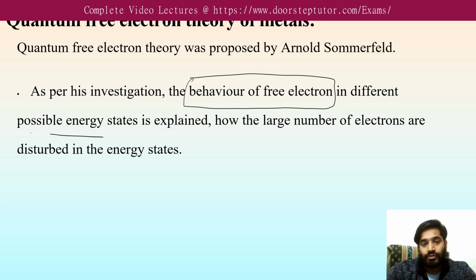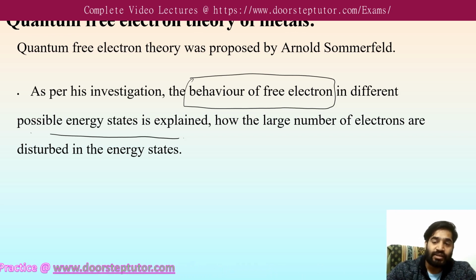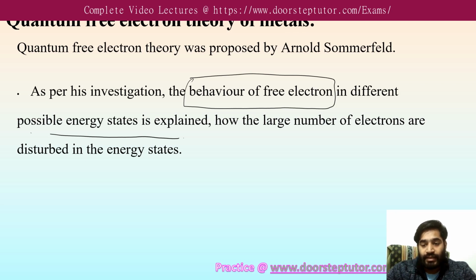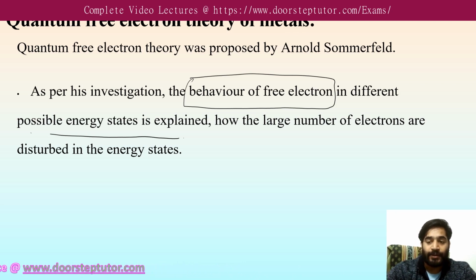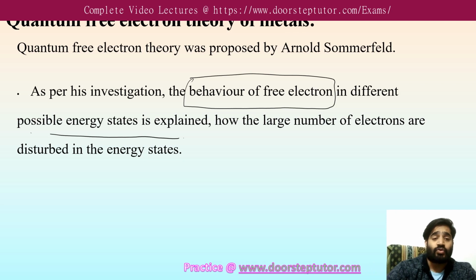This theory gives the concept of energy states, and this concept is taken from the Fermi-Dirac model. It also deals with indistinguishable particles, and these indistinguishable particles obey Pauli's exclusion principle. Clear? So all in all, Sommerfeld theory is all about electron waves and electron energies.